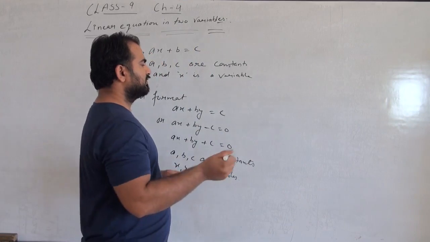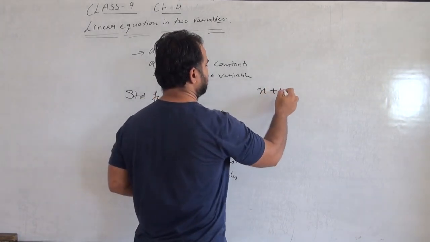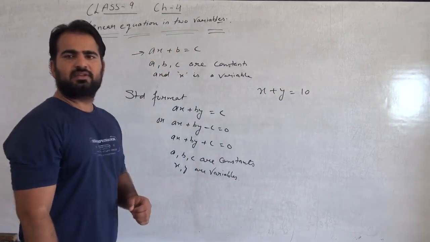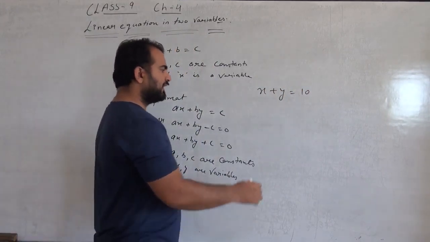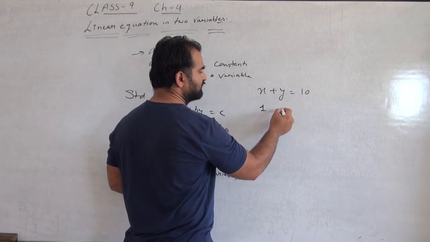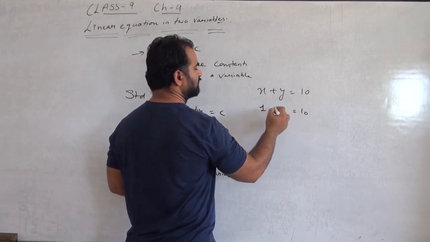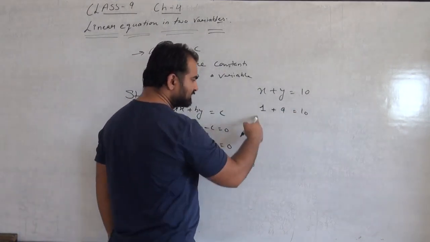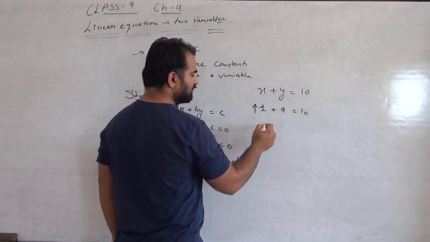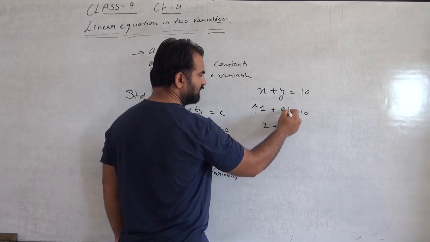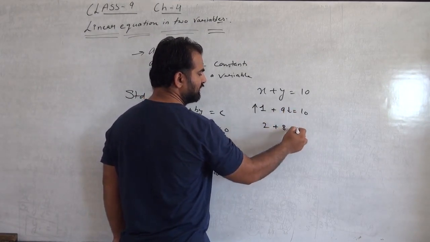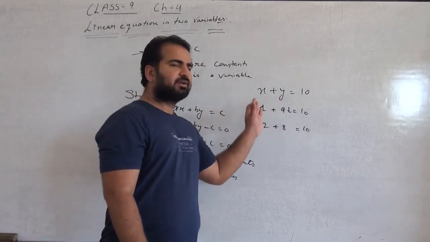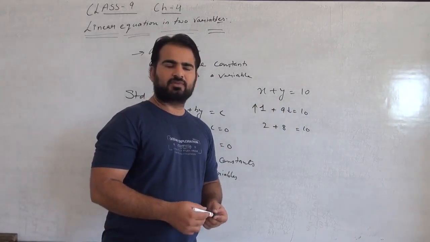Like x plus y equals to 10. If x is 1, then y should be 9, so that both of them make 10. If the value of x is increased, like 2, the value of y decreases. It will be 8, so they both are dependent on each other.